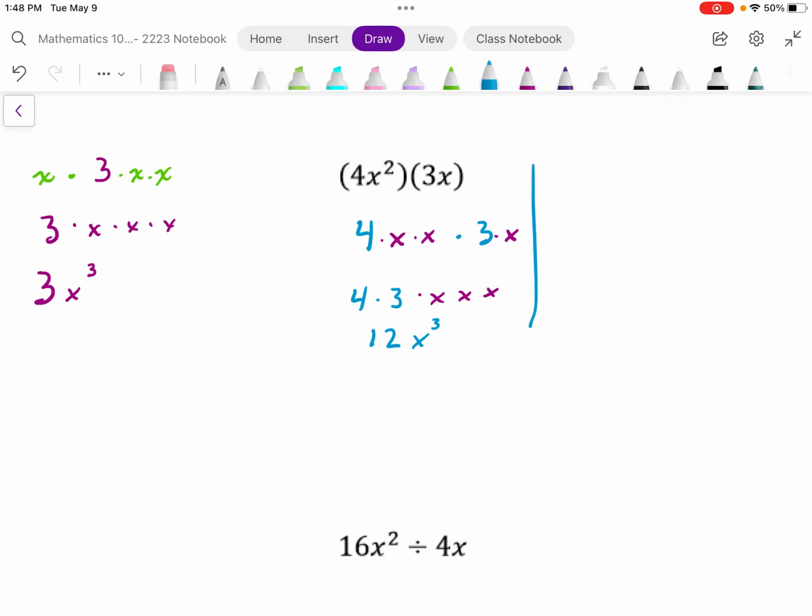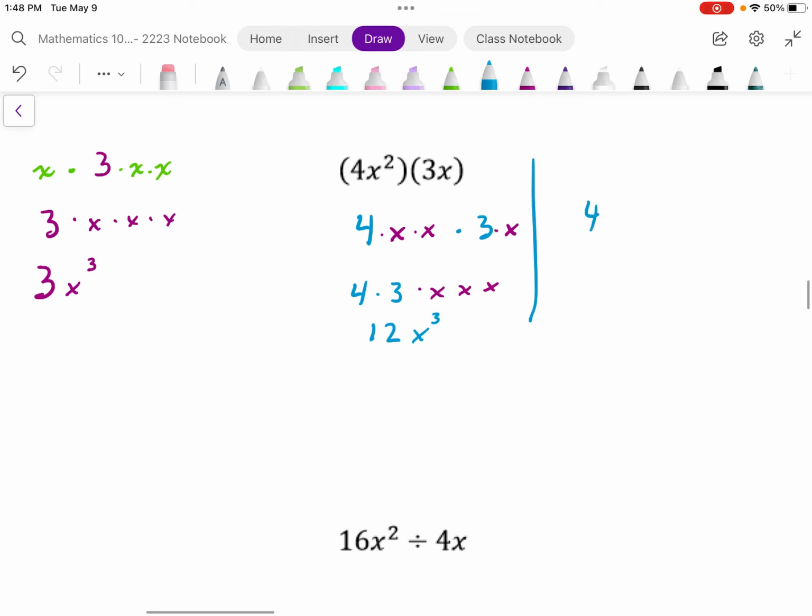So let me have another crack at this. I think that I'm thinking of this a little bit differently now. My coefficients and my variables are multiplied to each other independently. That is, when I go 4 times x squared times 3 times x, I reorganize it so it appears as 4 times 3 times x squared times x.